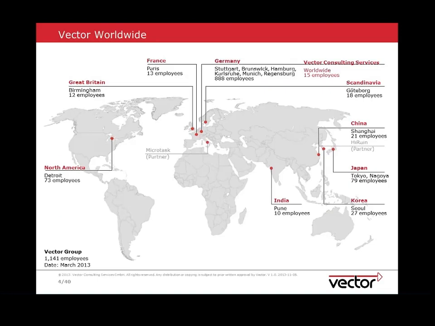Brief introduction to the group and ourselves. Vector worldwide has around 1,200 persons, steadily increasing. We are active around the world in all major locations where there is automotive industry.